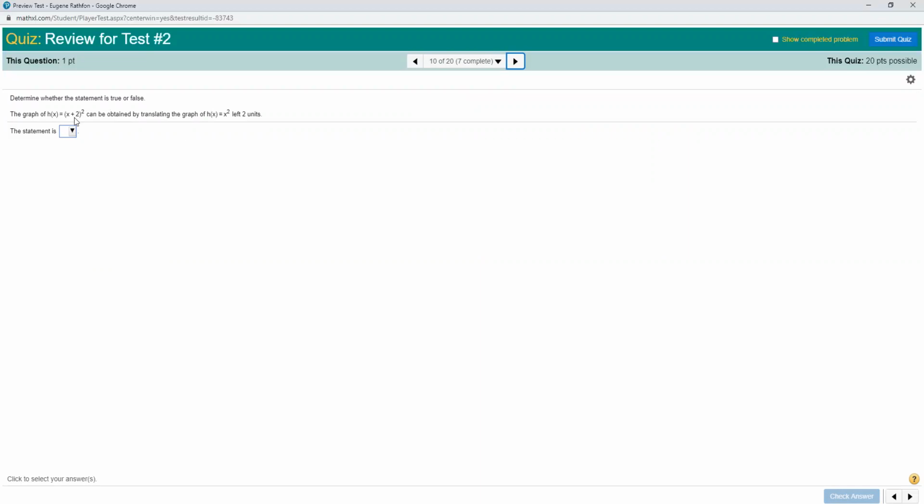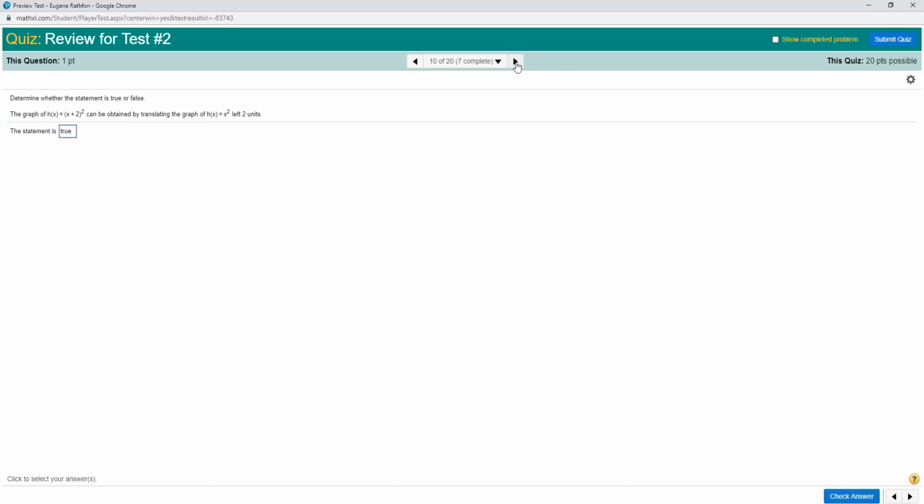So we drew this a while ago on those first 3 or 4 problems, and we said if it's inside parentheses with the x and it was positive, it would move left. And they're saying, hey, you can get this graph by moving this left 2 units. So that is definitely going to be true.